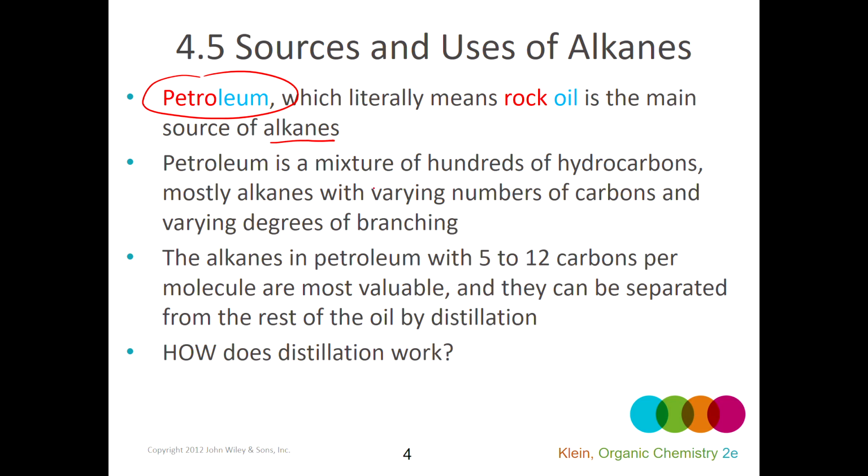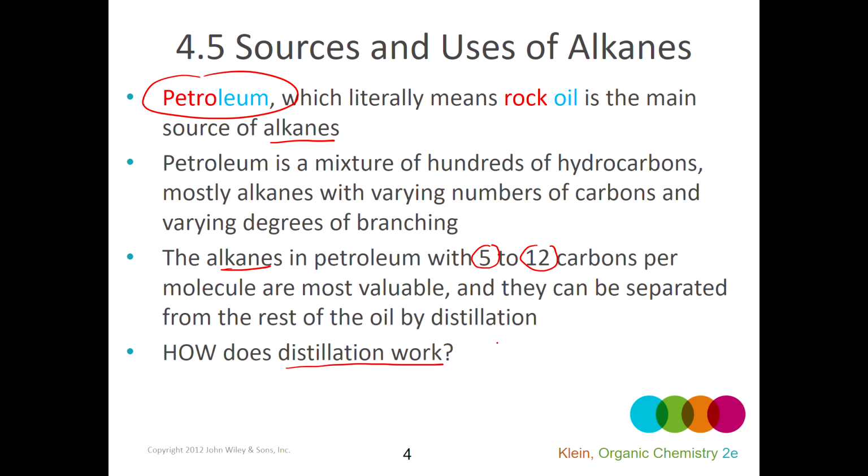So when petroleum is mined out of the earth, it has alkanes of all different lengths, and we need to separate them because the shorter alkanes with fewer carbons have different uses than the longer ones, and so distillation is one of the first steps in that process. How does that work?